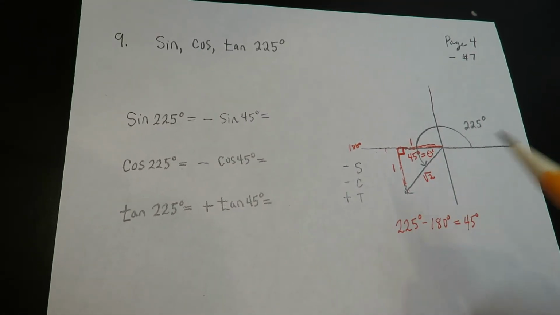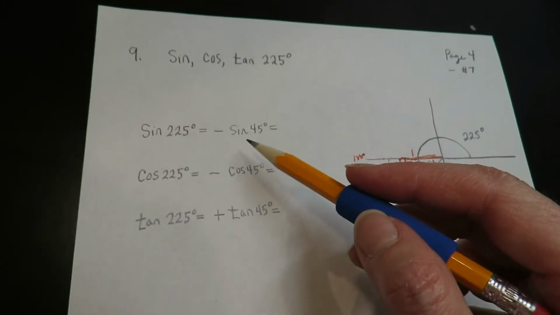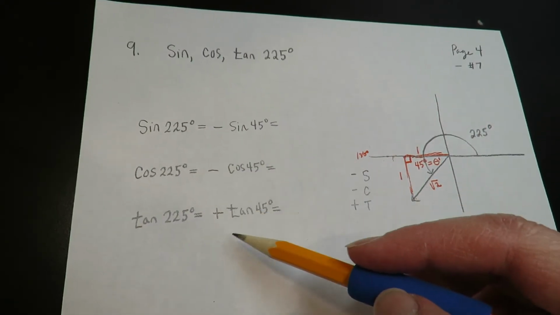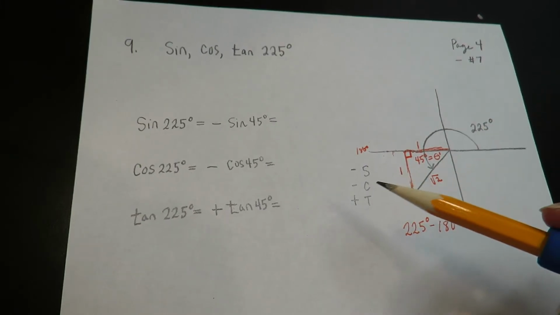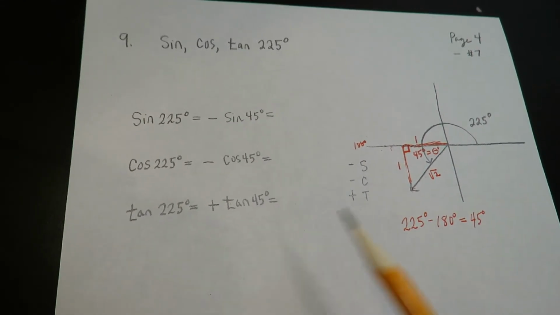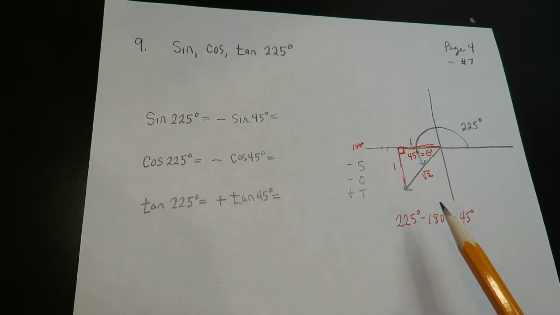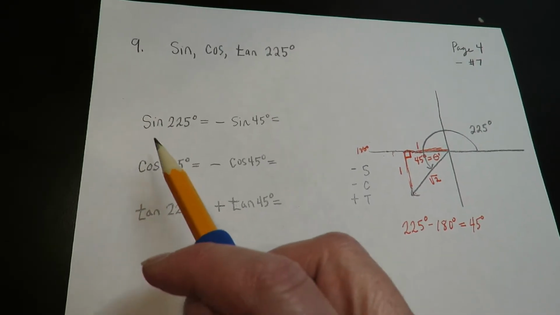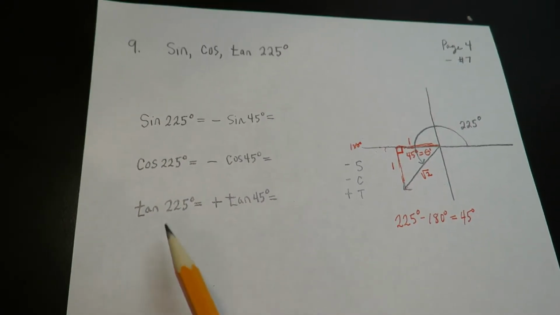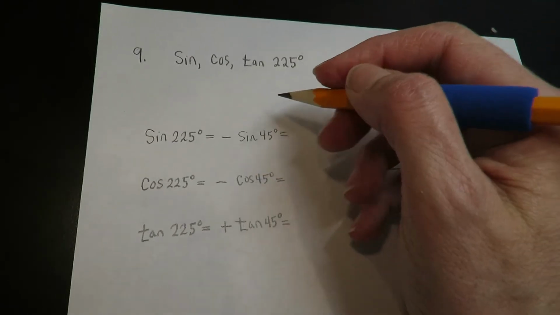So again, when you use reference angles, you also have to incorporate the plus or minus of the particular quadrant you're in, because it's together in tandem, those two create what the original trig function is that you're trying to evaluate.